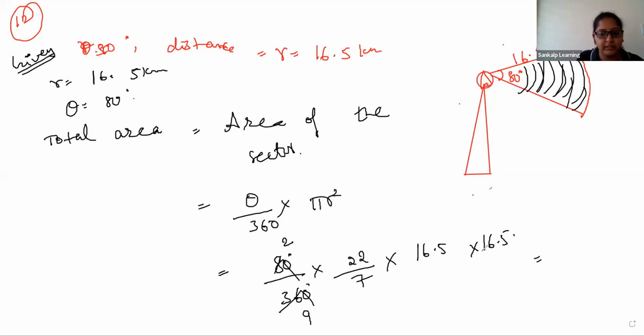You multiply all the numerators and divide by 63, and you get 189.97 kilometers square. So this is the area of the sector. I think all of you understood. We'll go for the next question.